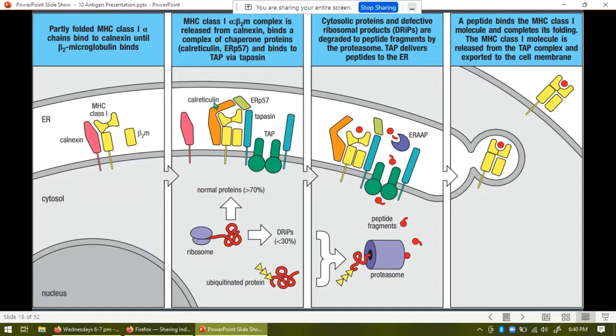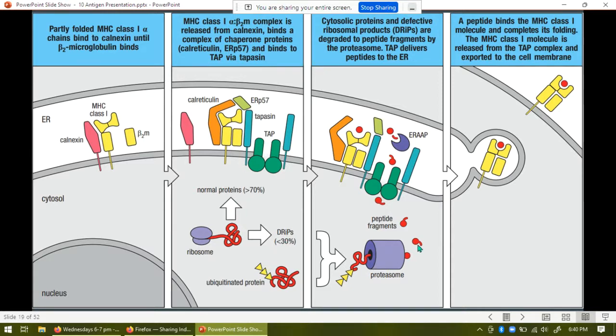And it's composed of calreticulin, which is a chaperone. It's composed of protein disulfide isomerase, PDI, also called ERP57. That binds here, and that's going to help form stable disulfide bonds during peptide loading. And also in the PLC is tapasin. Tapasin serves as a bridge between TAP and MHC1.